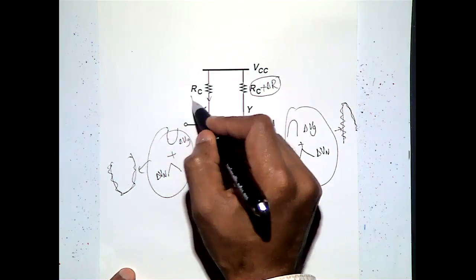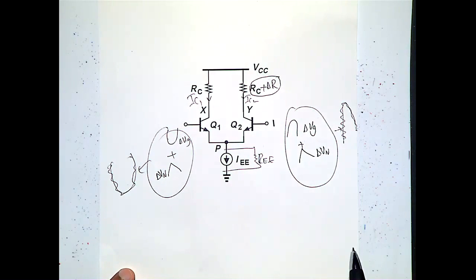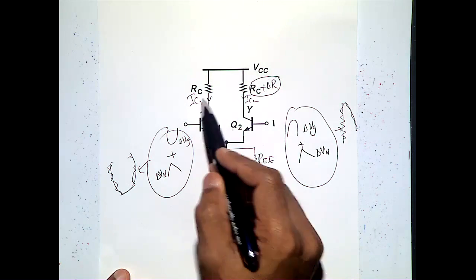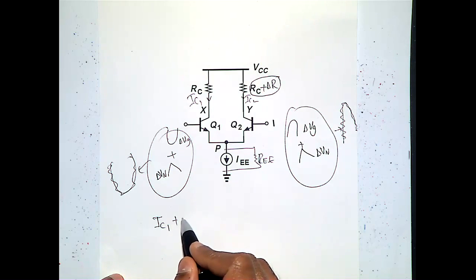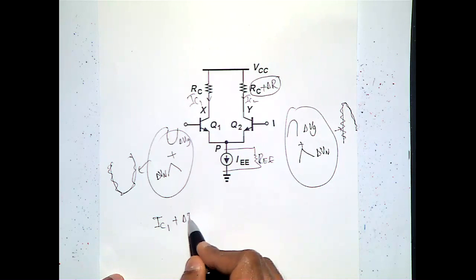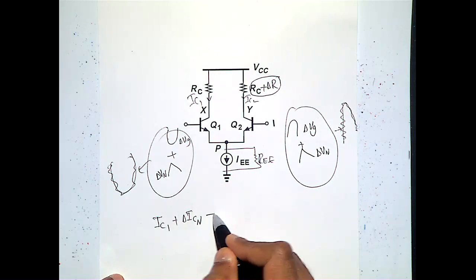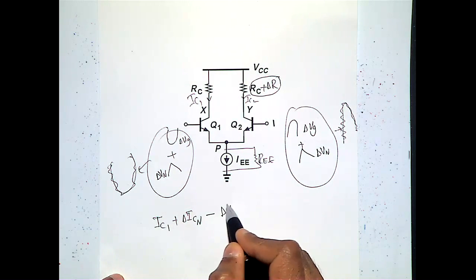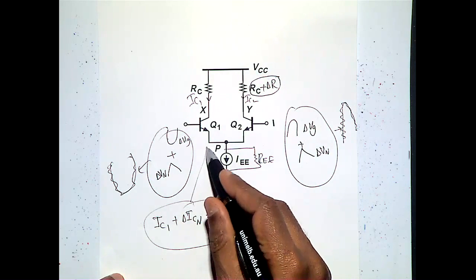When you connect it here, initially IC1 is flowing, then here IC2 is flowing. Now what will happen to this current? Your current will become IC1 plus, compared to the previous case, delta ICN, that is a noise, minus delta ICG. So that is the current here.